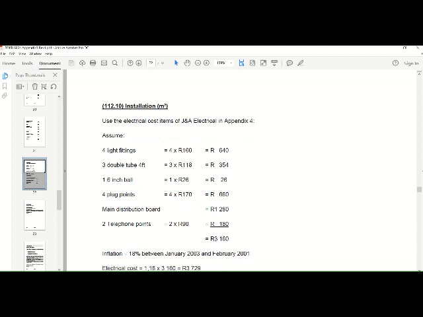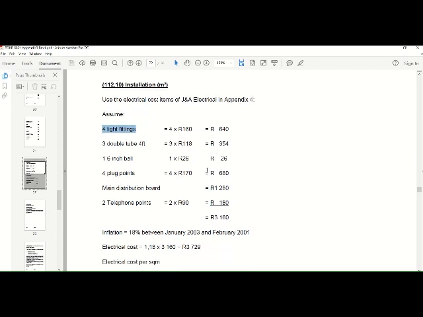Okay, so here's the installation for the electrical work. So basically they used an electrical installation of a previous project and they divided it with the cost basically. So what they had here is a previous project. They had 4 light fittings with a rate of 640. You don't necessarily have to use this.